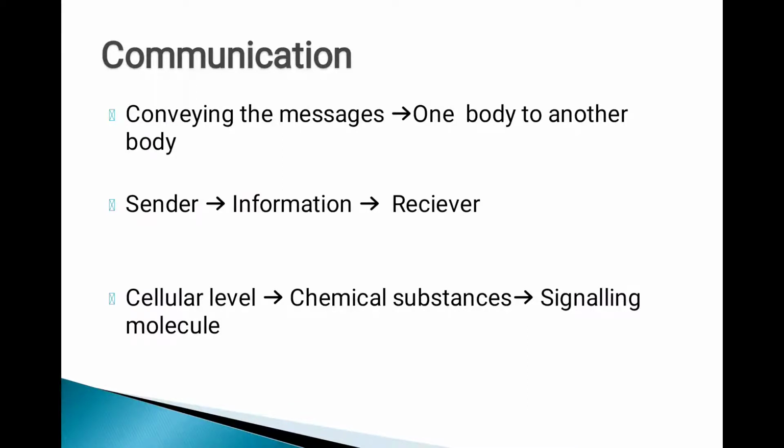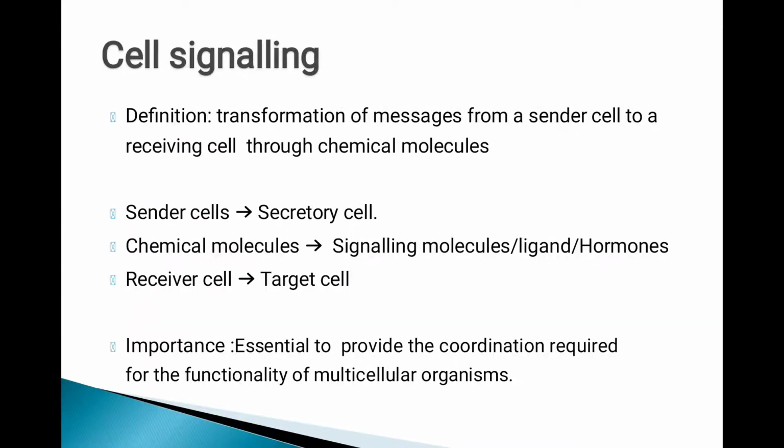At the cellular level, the sender is also a cell, the receiver is a cell or a tissue or an organ, and the information is carried by a certain kind of chemical substances. At the cellular level, those chemical substances are called signaling molecules. Coming to the concept of cell signaling, it is a process of transformation of messages from a sender cell to receiver cells through chemical molecules or chemical substances.